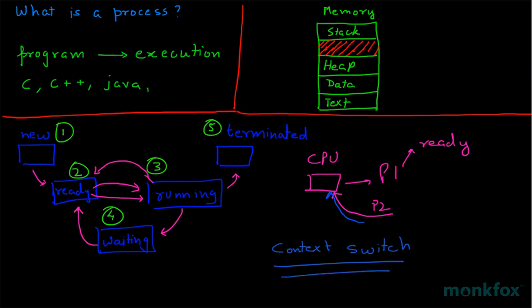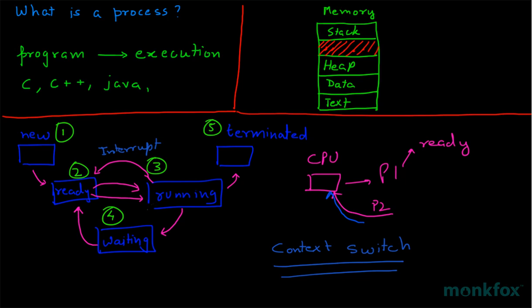Another thing is, whenever the CPU is executing process 1, somebody needs to signal the CPU that there is a high priority task. To do that, there is something called an interrupt. An interrupt is a system generated call which is sent to the CPU, and the CPU knows that now it needs to interrupt whatever it is doing and put itself onto another task.